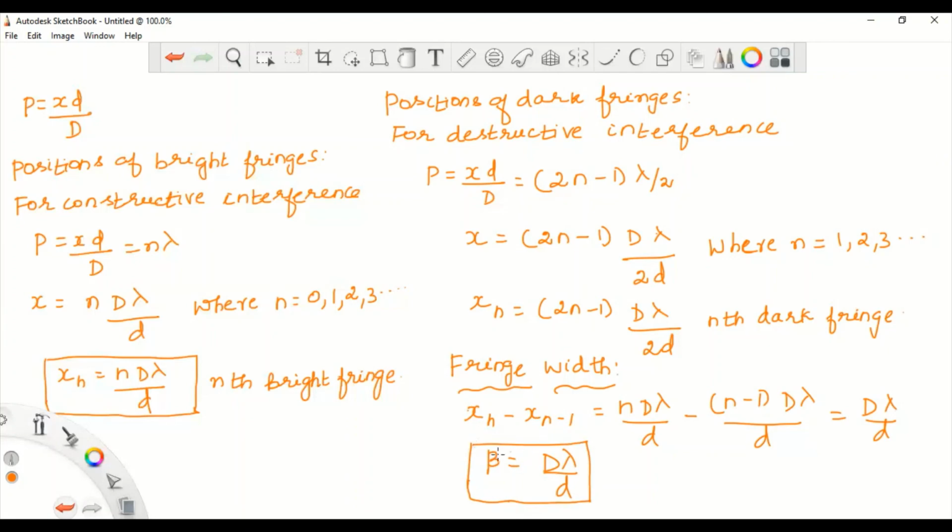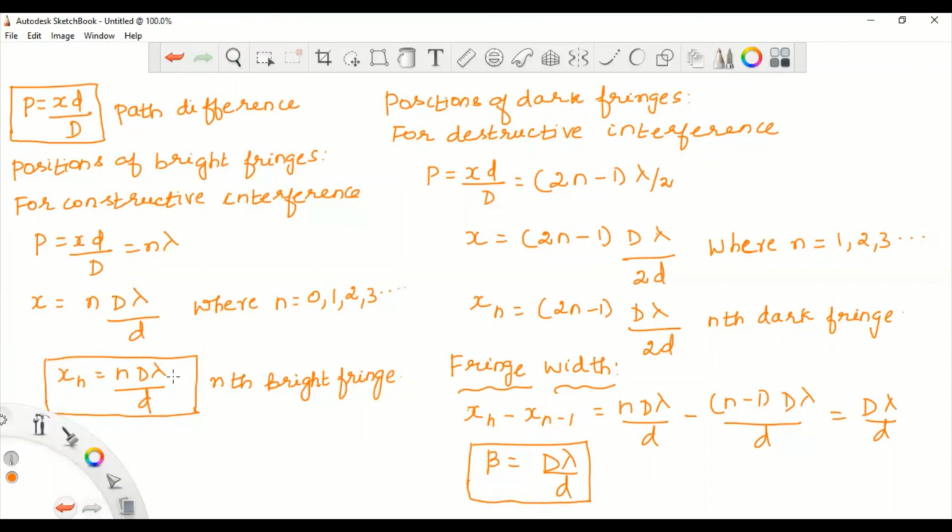So what is this fringe width, children? It is the separation between two successive bright or dark fringes. The path difference formula is xd by D, and for the nth bright fringe it is x n equal to n D lambda divided by d.